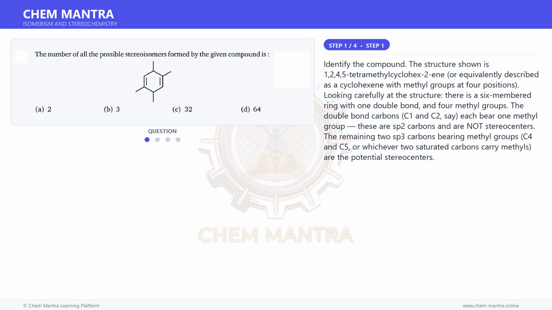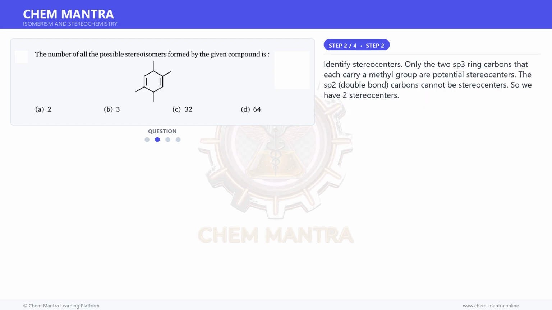The double bond carbons, C1 and C2 say, each bear 1 methyl group. These are sp2 carbons and are not stereocenters. The remaining 2 sp3 carbons bearing methyl groups, C4 and C5 or whichever 2 saturated carbons carry methyls, are the potential stereocenters. Moving on to the next step.